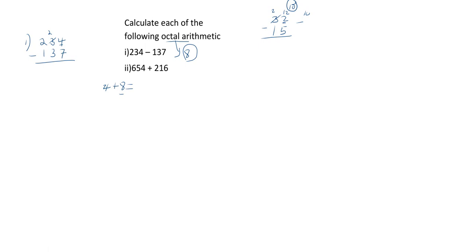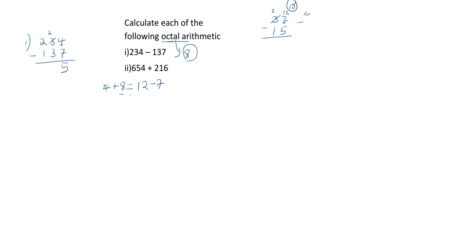The same way we have seen here, we borrowed 1, but when we bring it at 2, it becomes 12, meaning 10 plus 2. So here we are borrowing 8 because we are dealing with octal numbers. So we are getting 4 plus 8, which is 12. Now we get the 12, we subtract 7, and here we are going to get 5.